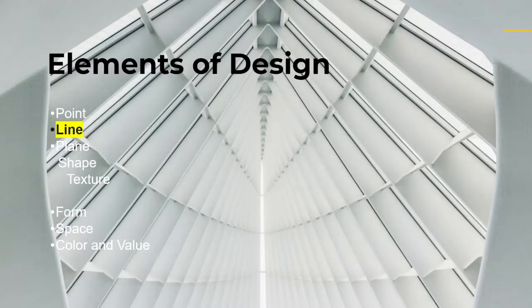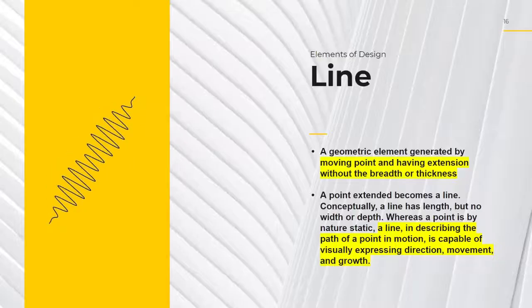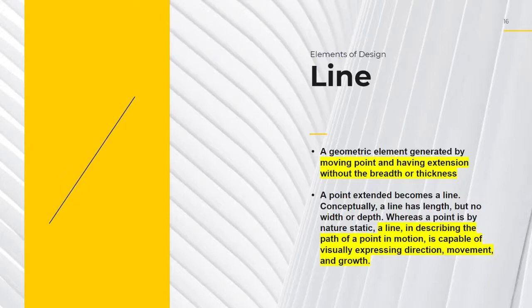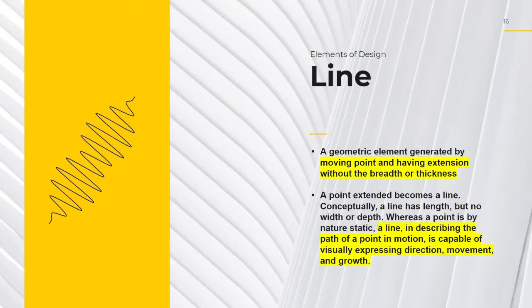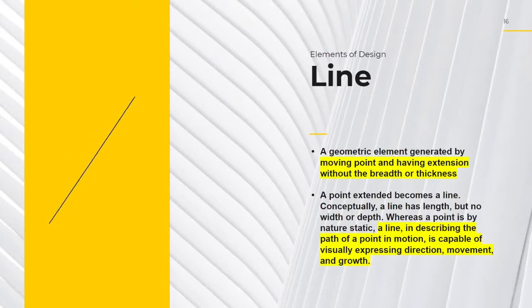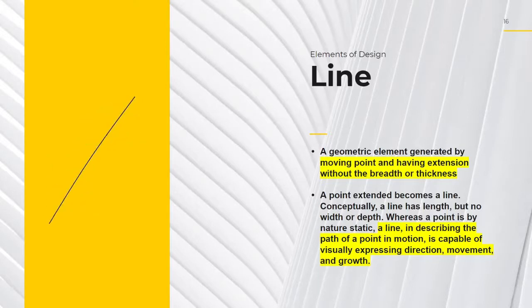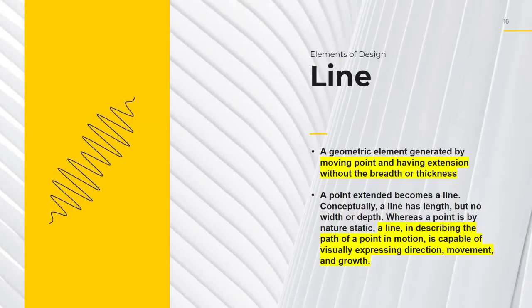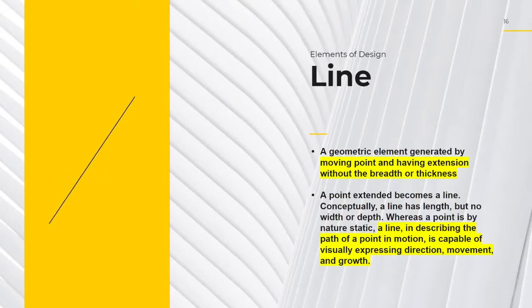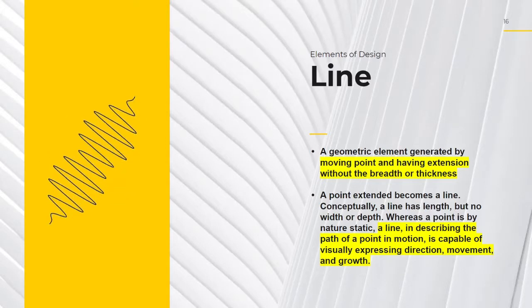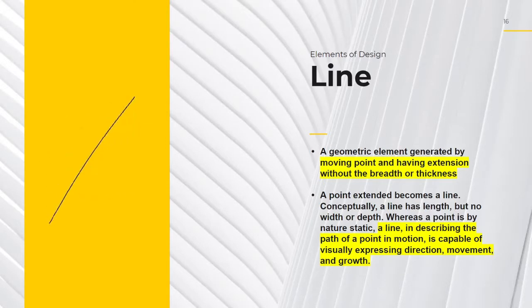So, elements of design, we have now your line. A line is a geometric element generated by moving a point and having extension within breadth or thickness. So a point extended becomes a line. Conceptually, a line has length but no width or depth, whereas a point is in nature static. A line describes the path of a point in motion and is capable of visually expressing direction, movement, and growth.